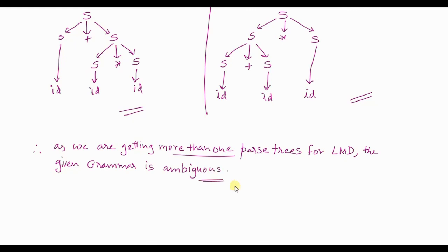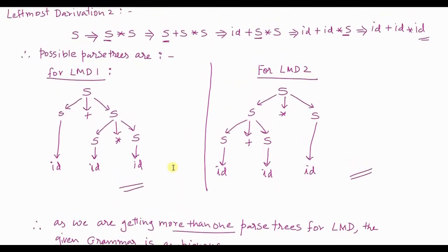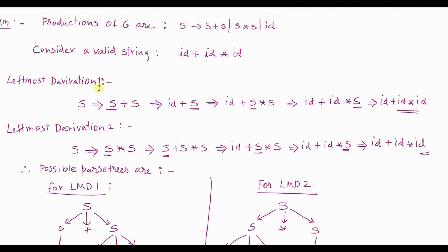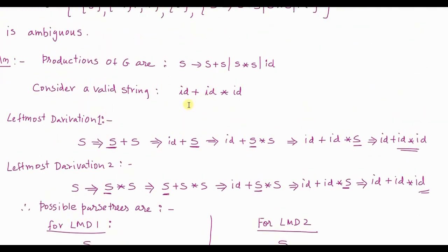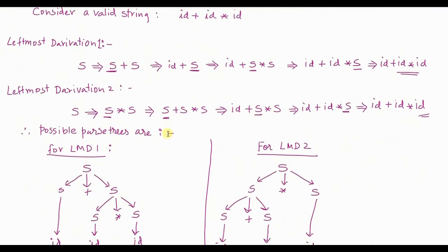Now before we end this, I just went for leftmost derivation. It may so happen that when you consider rightmost derivation of this particular grammar, there also you will get two parse trees, but you need not show all four, two leftmost and two rightmost.